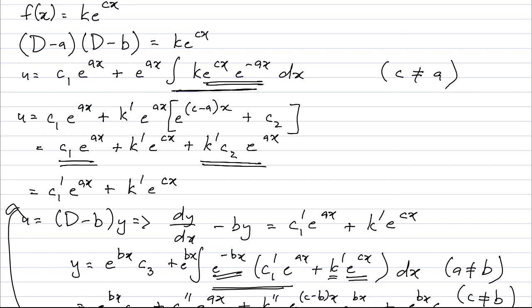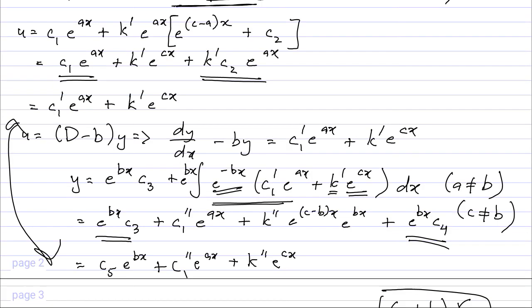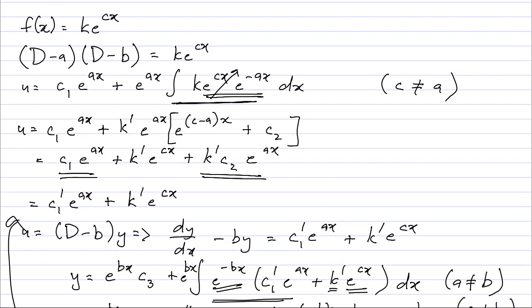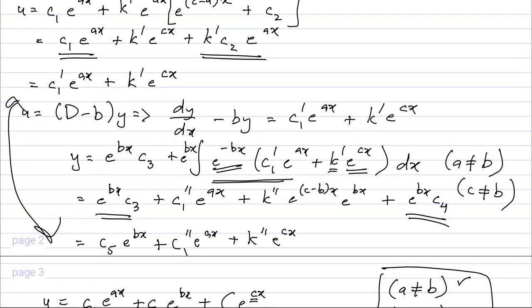When c is equal to a, this immediately goes to 1, so you are left with kx over here, rather than some constant multiplied by e raised to power cx. You're left with some constant k multiplied by x multiplied by e raised to power ax, and a, of course, is equal to c. So that's the difference.